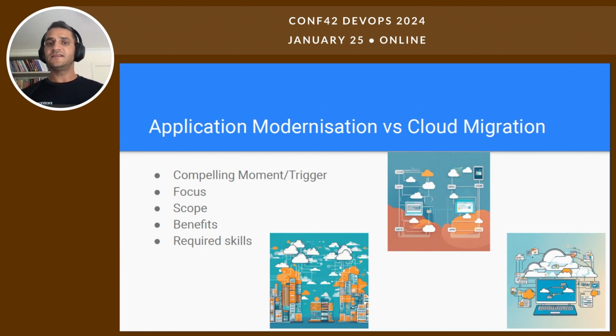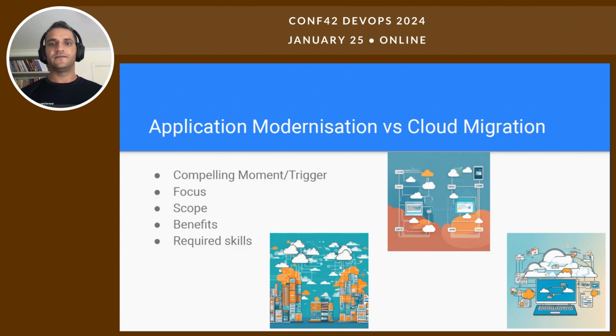While these two are closely related, application modernization and cloud migration have distinct focuses and scopes. So from a focus perspective, application modernization enhances application architecture, whereas cloud migration primarily involves shifting to the cloud, moving your application from on-premises to the cloud.